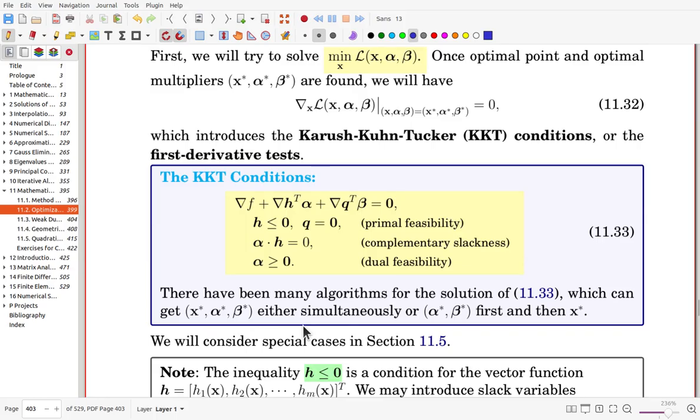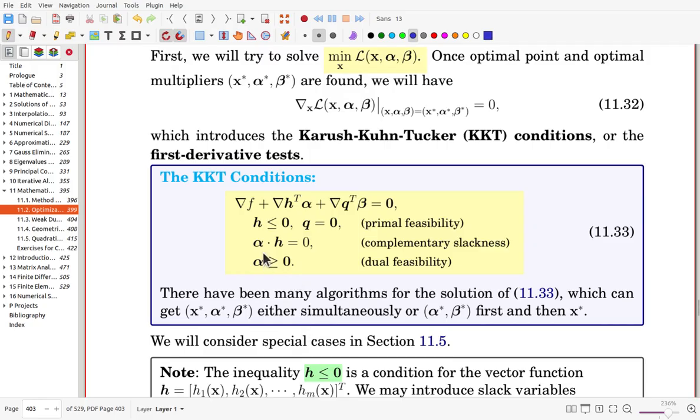Now, depending on the algorithm, we can get x, alpha, beta simultaneously, or get alpha, beta first and then x.